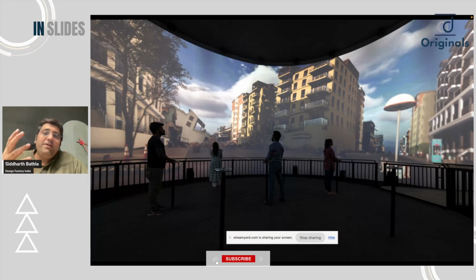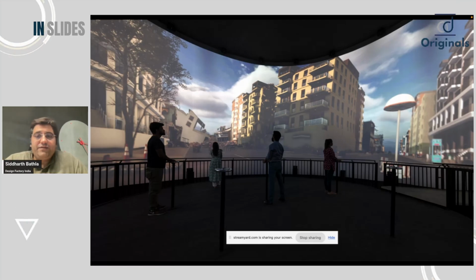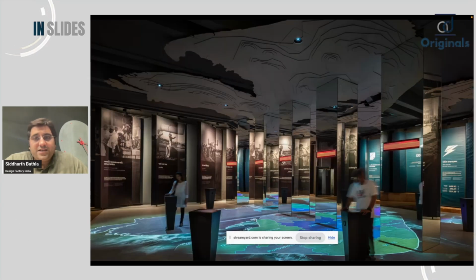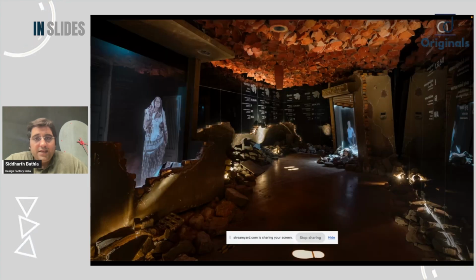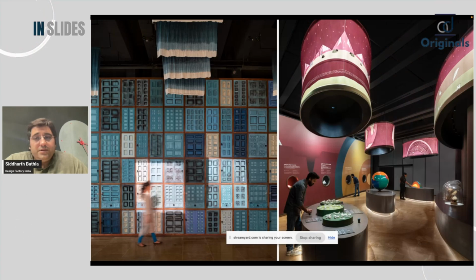So it's like a 9 meter high, 360-degree theater, where you relive the earthquake with the simulator table. So you're actually on a simulator space where you simulate the actual earthquake. To a lot of interactions of what all happened in Gujarat, to the scenes of earthquake, reliving those scenes, to the possibilities of what happened after the earthquake.